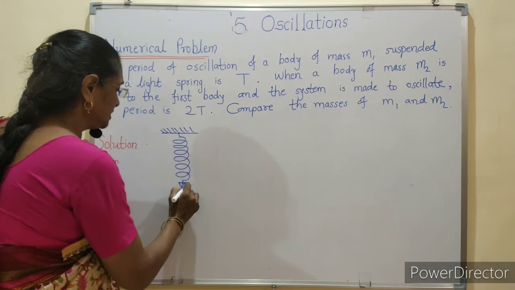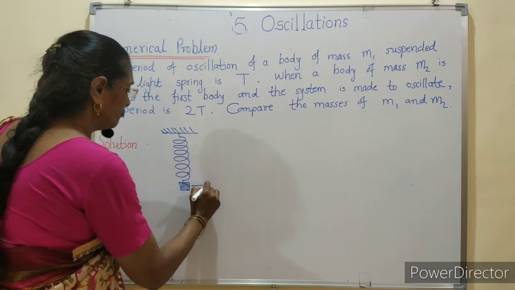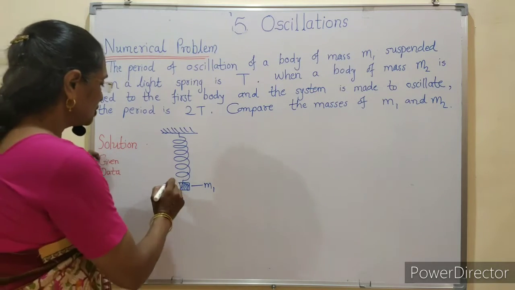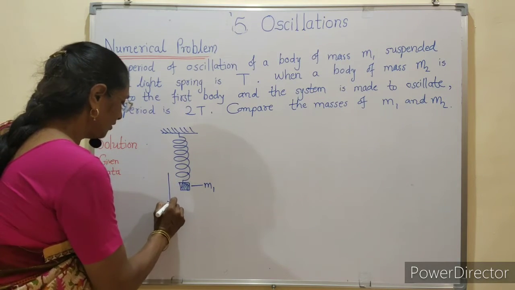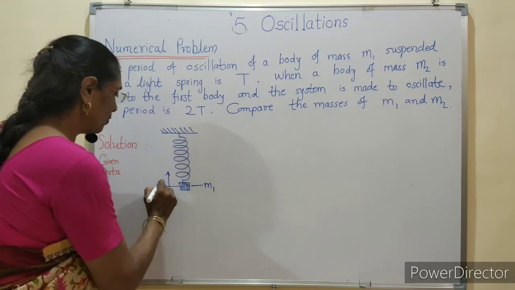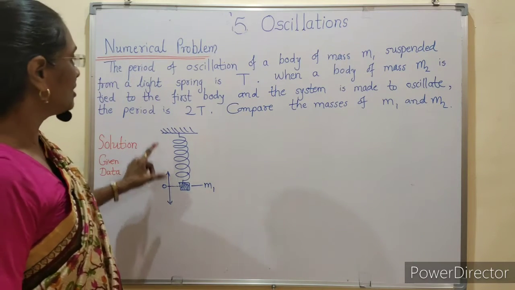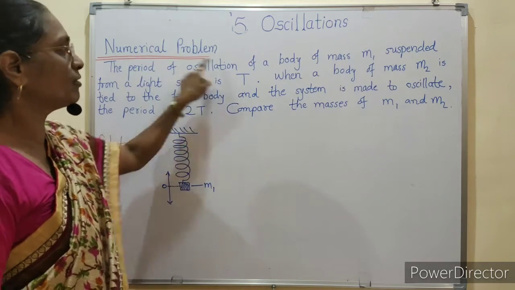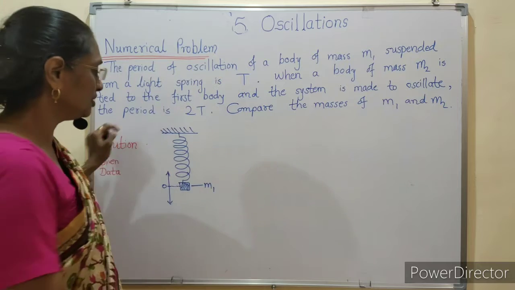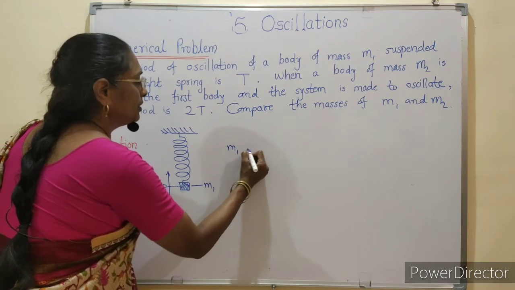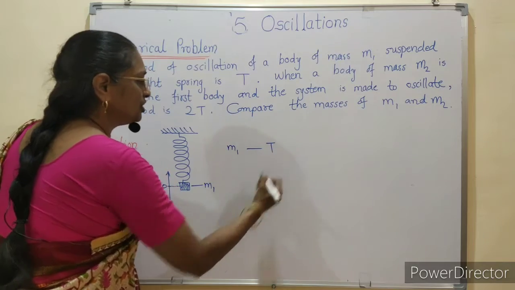That mass is m1, and if it is oscillated about its mean position, say O, then the time period is found to be equal to T. Period of oscillation is T. So for m1 mass, period is T.